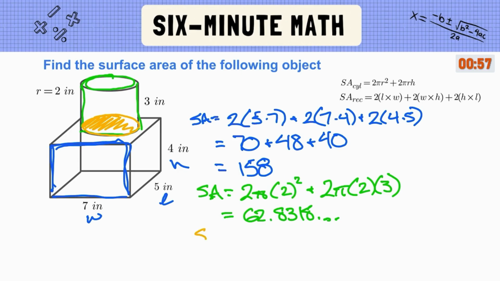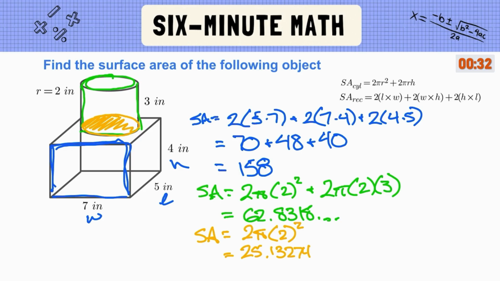So I'll do that in yellow. So we have 2 times pi times 2 squared, which makes those circles 25.13274. I'm going to add my rectangle, add my cylinder, and then subtract those 2 circles where they connect.